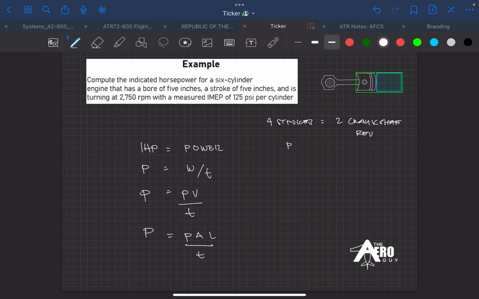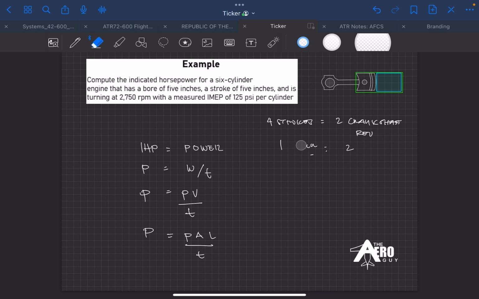The power stroke happens once every two crankshaft revolutions.